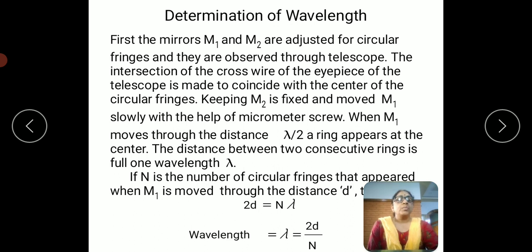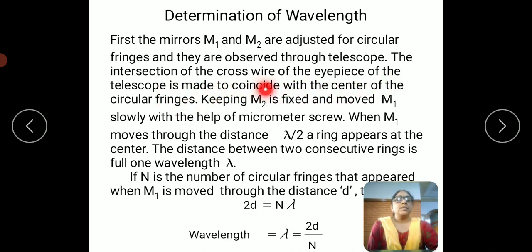Then from P1 we get M2 dash, which is the image of M2, and it is exactly parallel to M1. If they are exactly parallel, the circular fringes are observed through the telescope, and the intersection of the cross wire of the eyepiece is made to coincide with the center of the circular fringe.